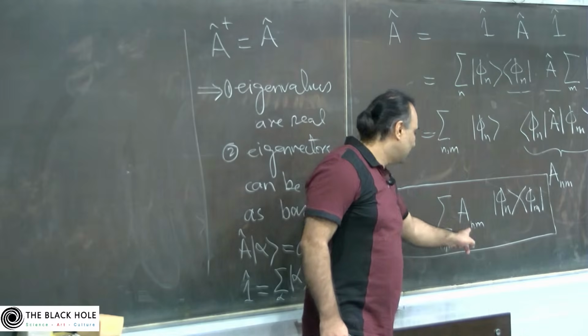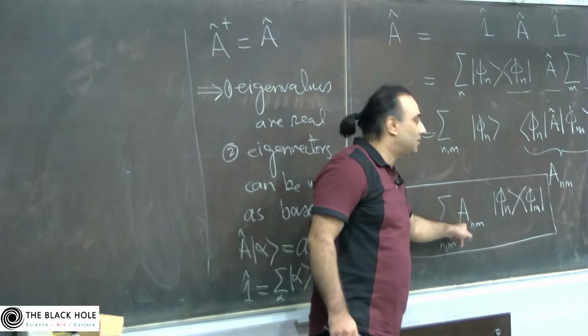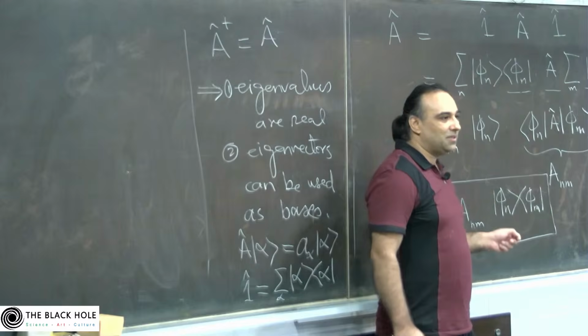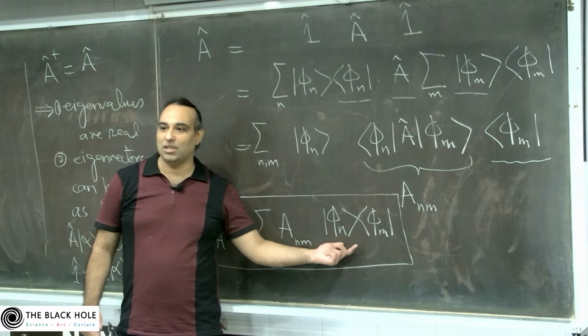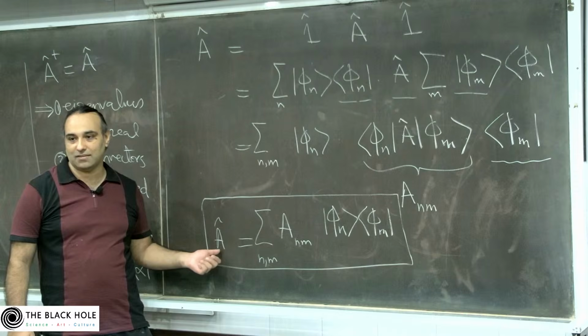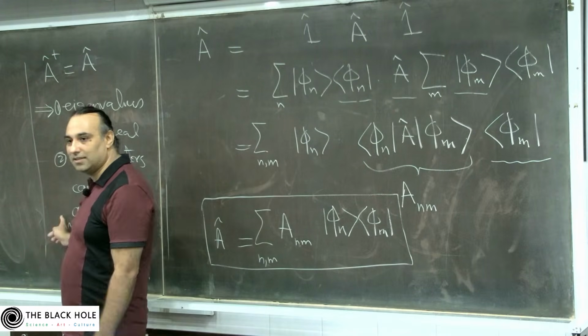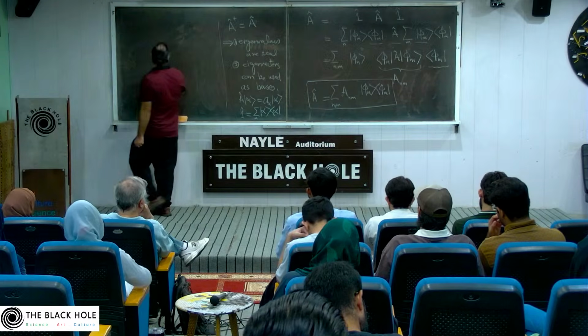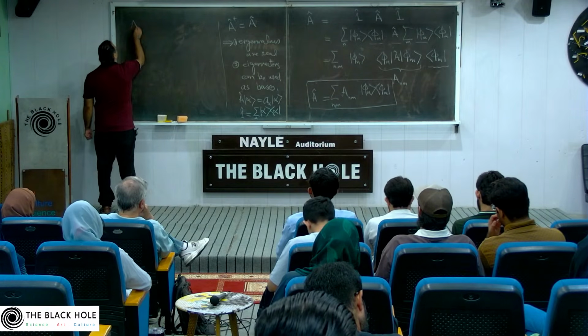It looks like this, so it becomes a matrix. In general, all these elements are non-zero. But what happens if we choose these bases to be eigenbases, eigenstates of this operator? That means in this case we choose alpha as the basis. That becomes quite interesting.